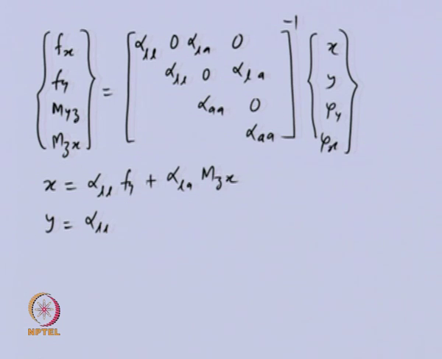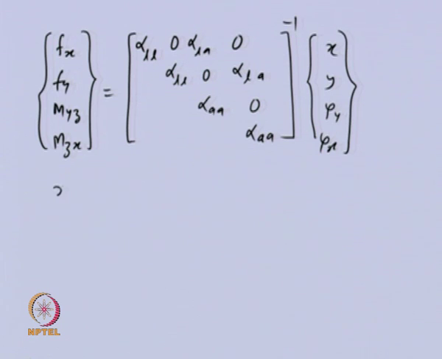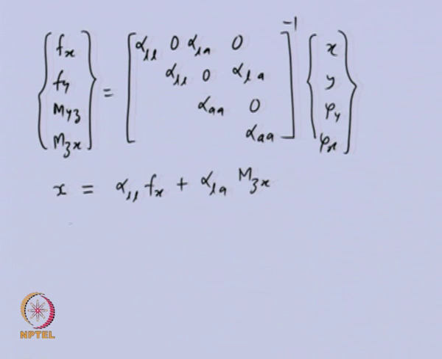Sorry, I am repeating this one. We related the linear displacement x as alpha linear fx plus alpha linear angular m zx, and y as alpha linear fy plus alpha linear angular m yz.